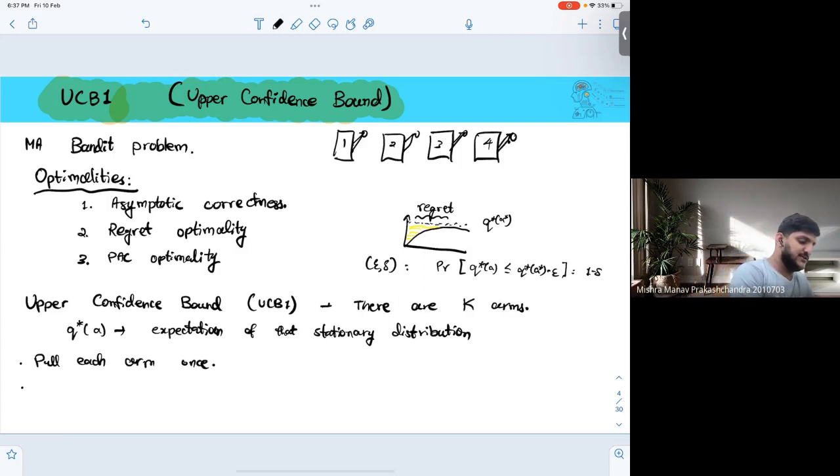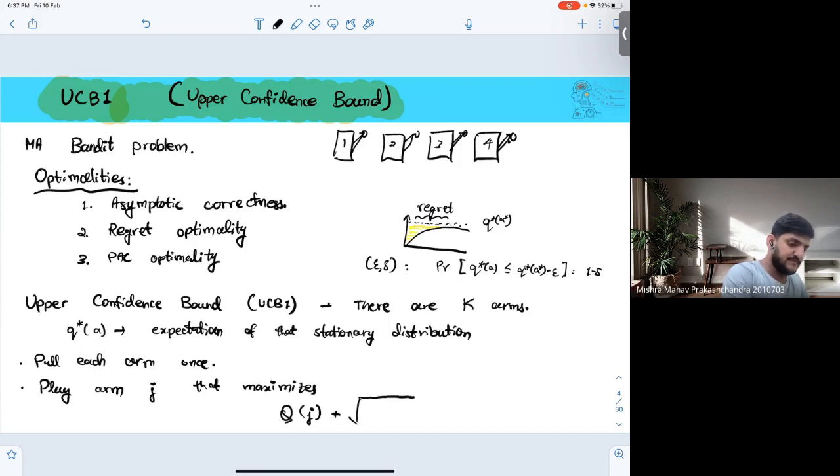that, what you're doing is you play arm J that maximizes Qj plus some 2 ln n over nj.